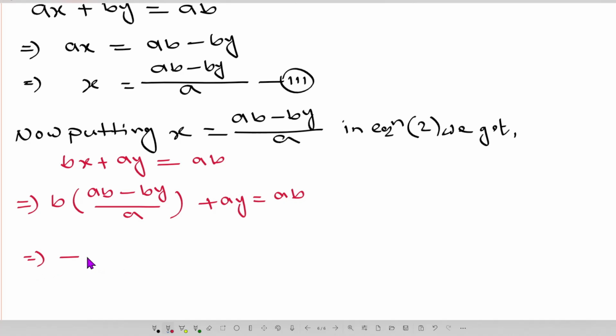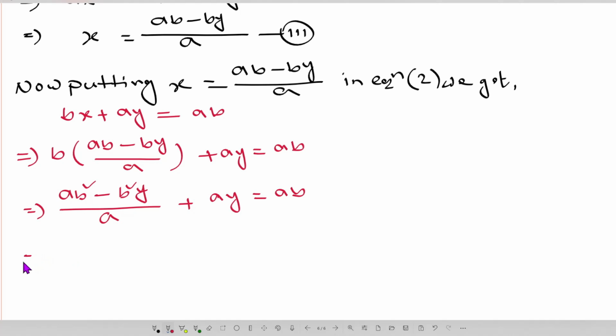So we can write this one, once we make multiplication, ab square minus b square y divided by a plus ay equals ab. Now we can make an LCM, which is a.